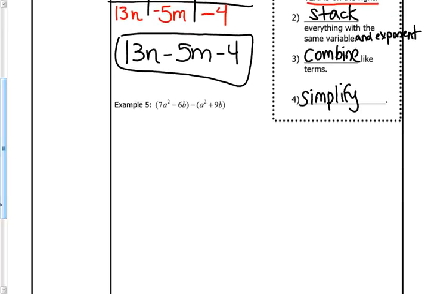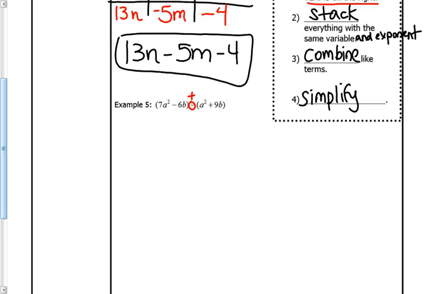Okay, last one here. Again, if I look at my parentheses, between my parentheses, I see a subtraction sign. So this means I'm supposed to combine some like terms, but before I do that, I've got to switch my subtraction to addition, right? Changing the minus to a plus. And I'm going to rewrite my binomial here, this two-term polynomial, right?